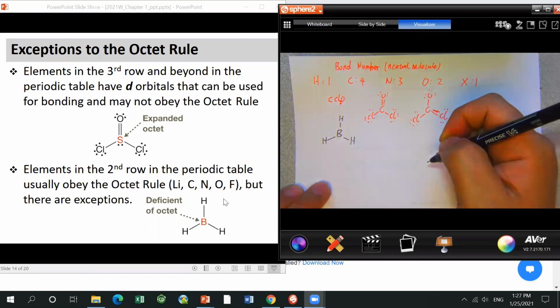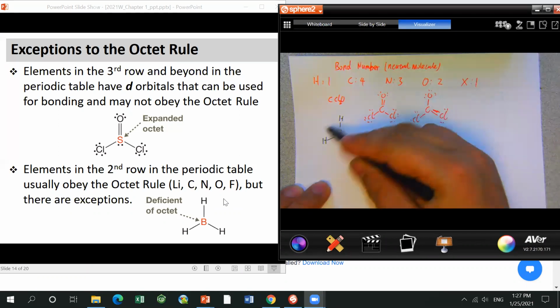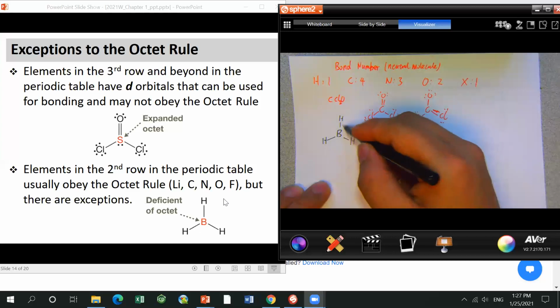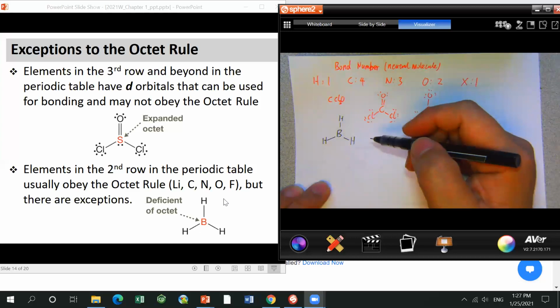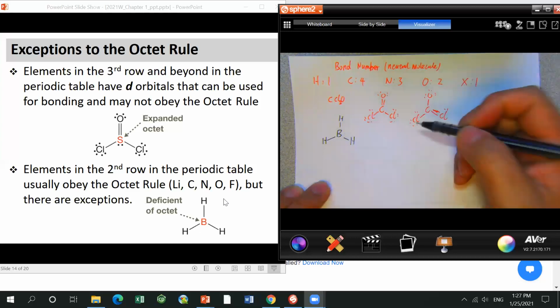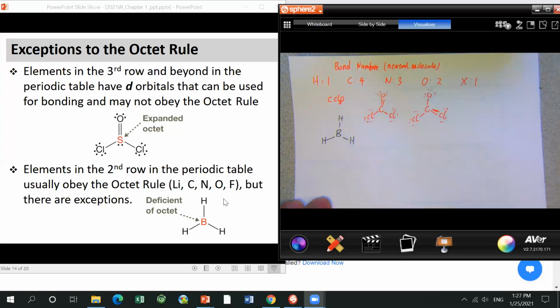Boron has an empty p orbital, and in the boron structure you can see the boron has only 6 electrons around it. This is the right structure for boron, so it does not exactly follow the octet rule. Please keep that in mind.